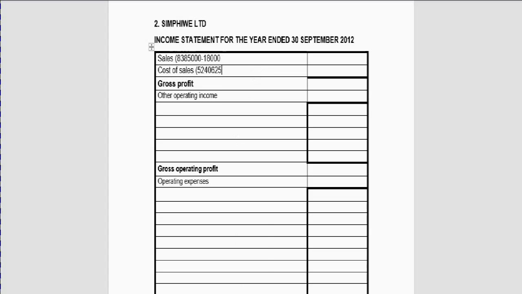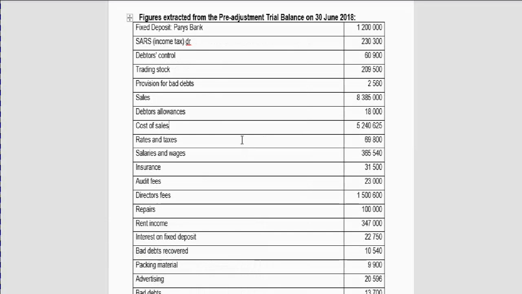Good. And so we'll carry on with the figures on the trial balance. The next one is rates and taxes. Now, below sales, debtors allowance, and cost of sales, we're going to get them all mixed up. All the income and expenses with the interest will be all mixed up in here.